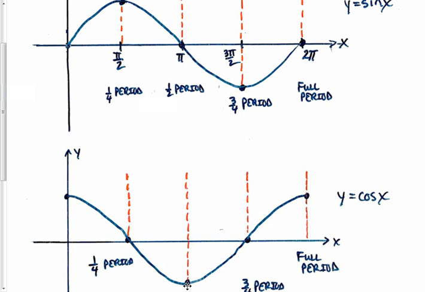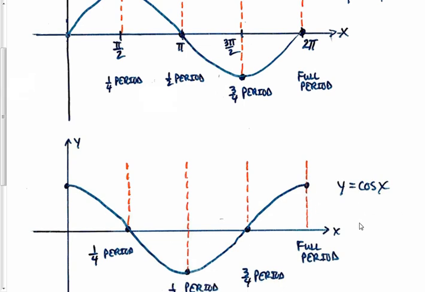And then at the next quarter point, it goes back to an x-intercept. And then the last quarter point, the end of the period, it's back up high again where we originally started. So if we know where it starts and we know something important happens at each of these quarter points, then we'll have the basis of what that graph will look like.